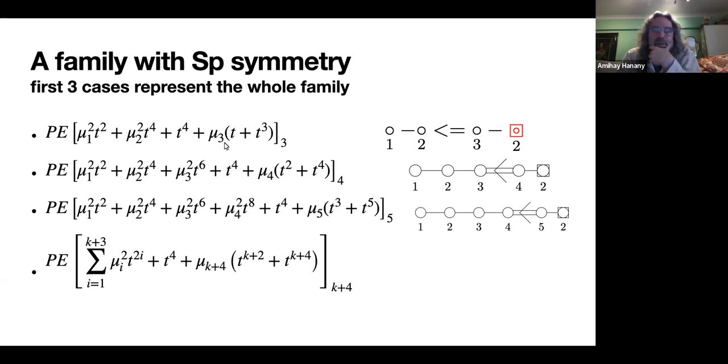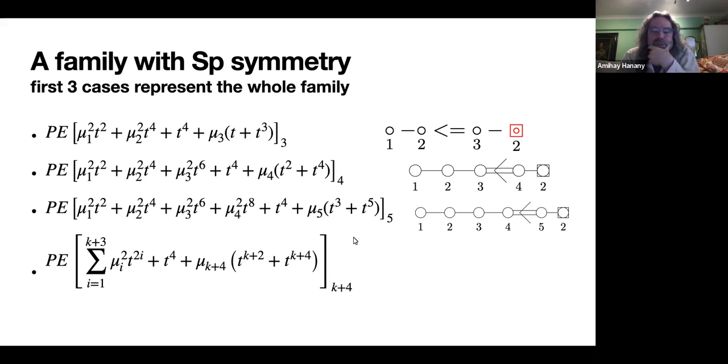And the last node, 3, 4, and 5, shows up with increasing powers. This indicates the imbalance. So imbalance of -1 corresponds to t to the 1. Imbalance of 0, t squared.